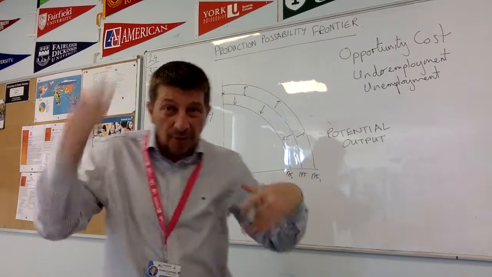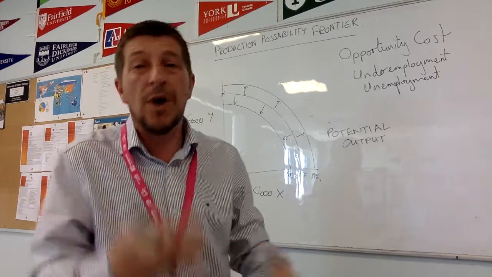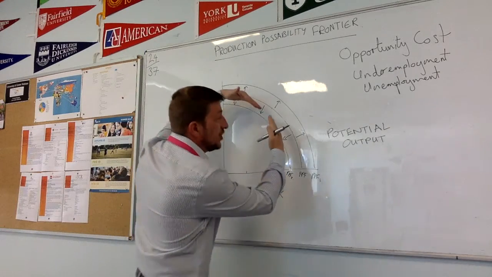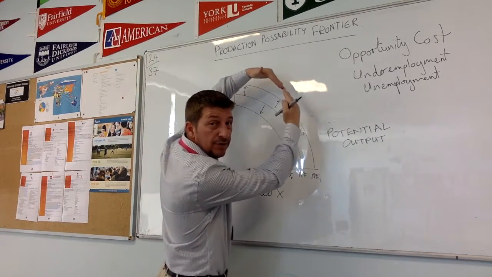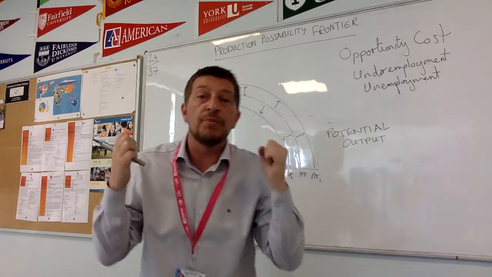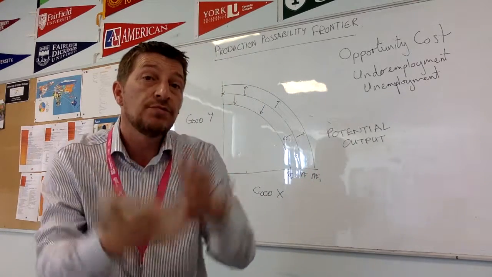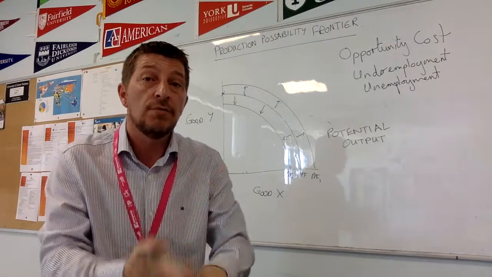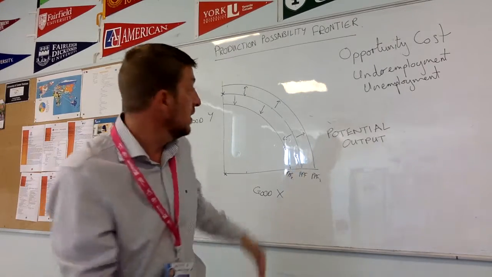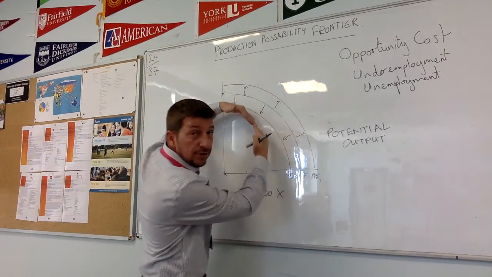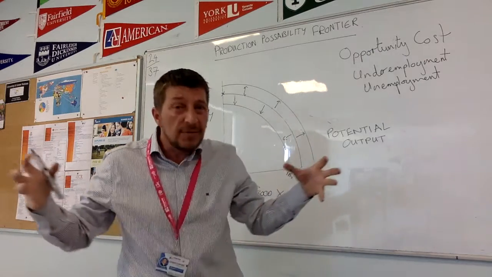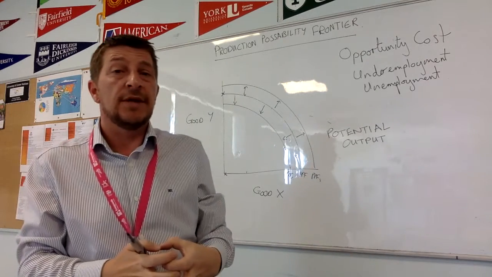Okay, so we need to think about what are the reasons that could happen. Why might that happen? If your potential output is shifting outwards, that's normally some sort of positive reason. You've found more resources. You've got more potential. Okay? If it shifts inwards, it means that your economy is being restricted in some way.